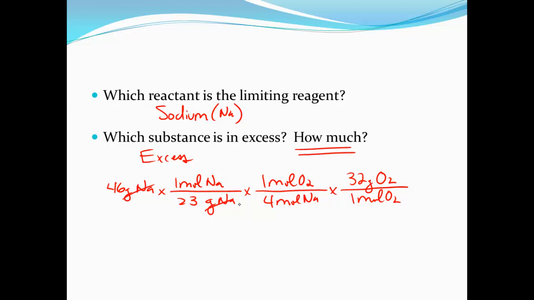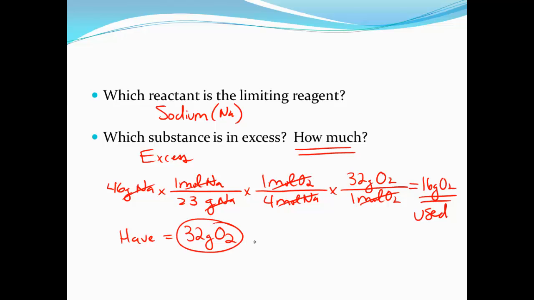So the grams of sodium cancel out, the moles of sodium cancel out, and the moles of oxygen cancel out. So when I do my math here, I end up with 16 grams of O2. This is how much was actually used. So how much did I have to start with? Well, going back to the original problem, it was 32 grams of O2.